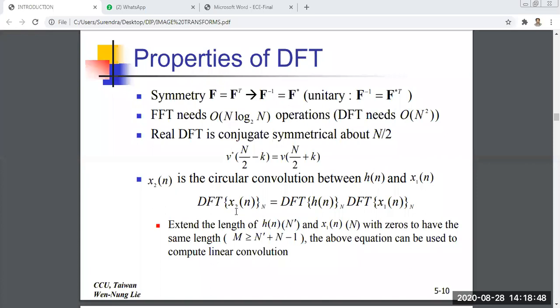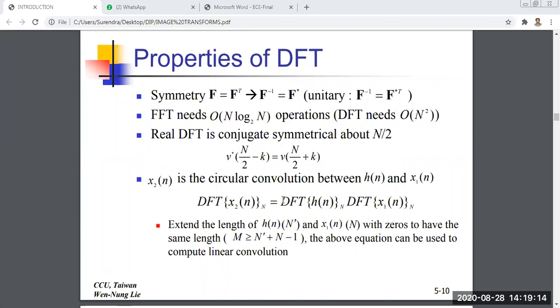That is, the discrete Fourier transform of x2 of n is given by the product of the discrete Fourier transform of your system function h of n and the discrete Fourier transform of x1 of n. That means first we have to calculate the discrete Fourier transform of x1 of n and the discrete Fourier transform of h of n, and if you multiply these two, you will get the circular convolution of the system.